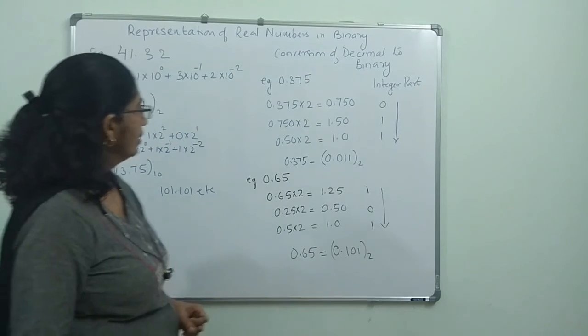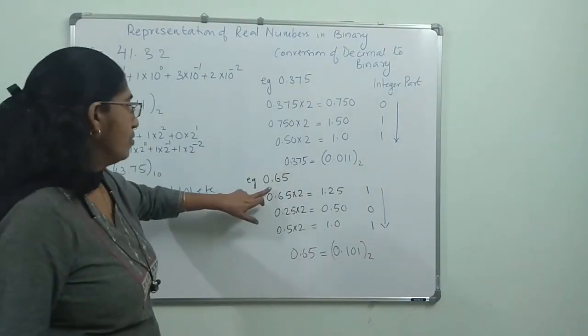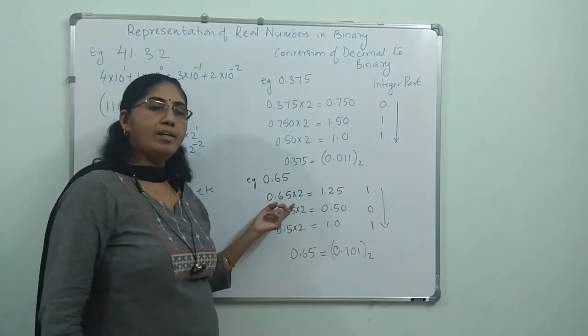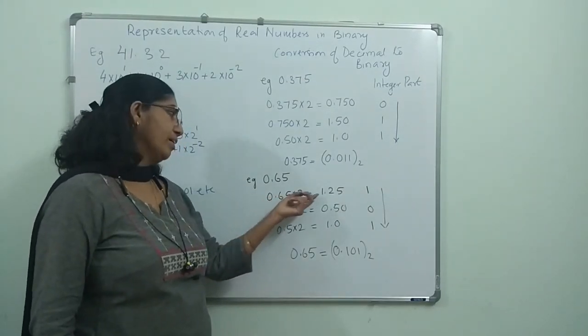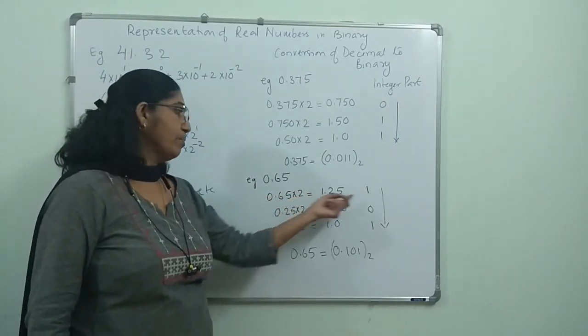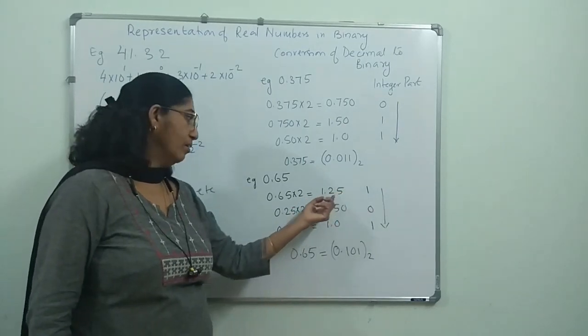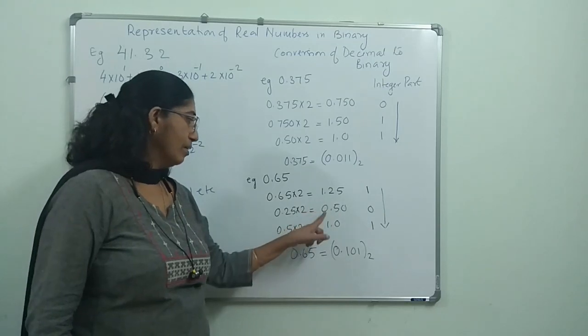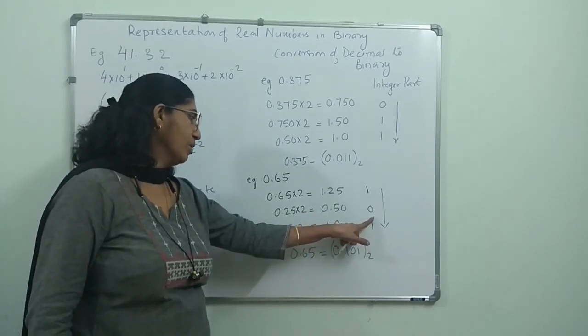Clear? One more example I will tell you. I have taken 0.65. Again I will multiply by 2. I get 1.25. The integer part is 1. The decimal part again I will multiply by 2. I get 0.5. Integer part is 0. 0 is written here.